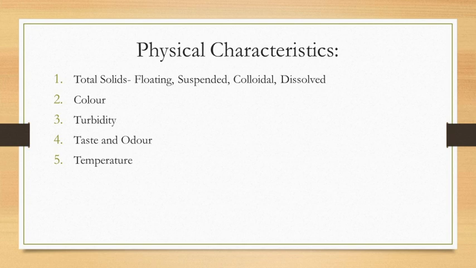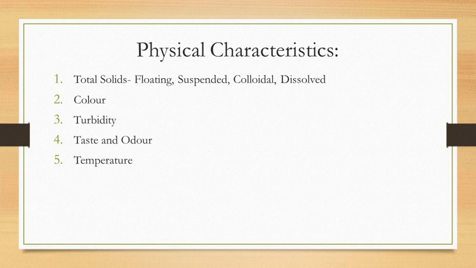Now, what is the particle size for a particular type of solid? If it is dissolved solid, the particle size is 10 raised to minus 5 to 10 raised to minus 3 micron. When the particle size is 10 raised to minus 3 to 1 micron, that is called colloidal solid.